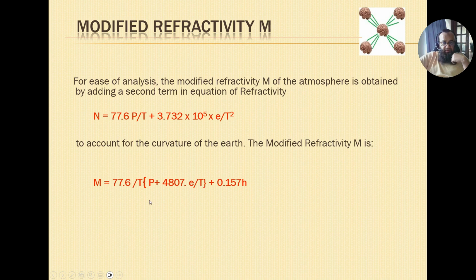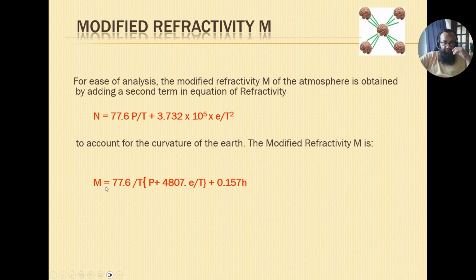So this is basically a depiction of the similar formula. It's not very much different; up till here it is almost the same. But then we have added 0.157 times height. Because this height is not a constant value, it may change based on the curvature of the earth.